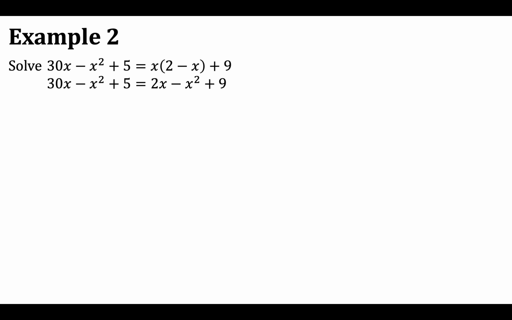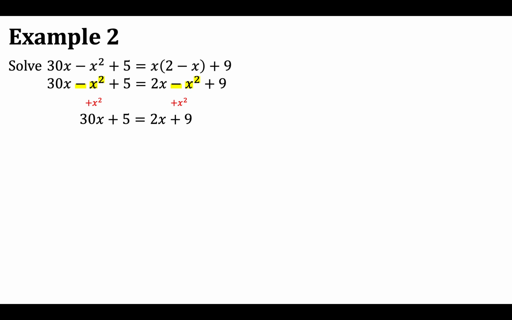Now, you might notice something is occurring on both sides of this equation, and that is the negative x squared. So remember, we need to do the inverse of that. So we're currently subtracting x squared from both sides, so the inverse of subtracting is adding the x squared. So when we add x squared to both sides, we're left with 30x plus 5 equals 2x plus 9.